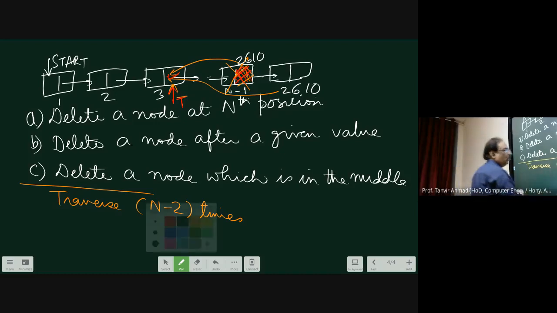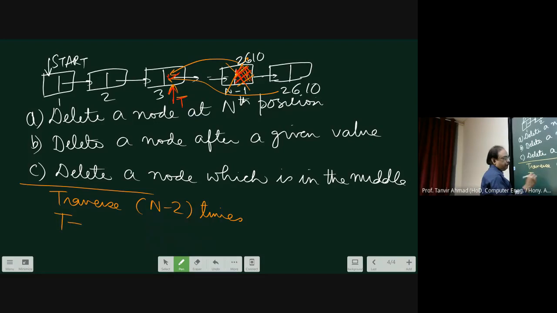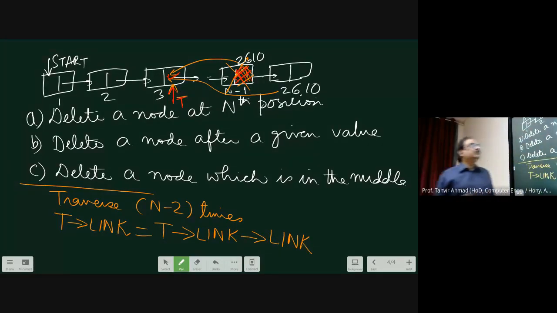Therefore, I'll write one line over here: T of link is equal to T of link of link.